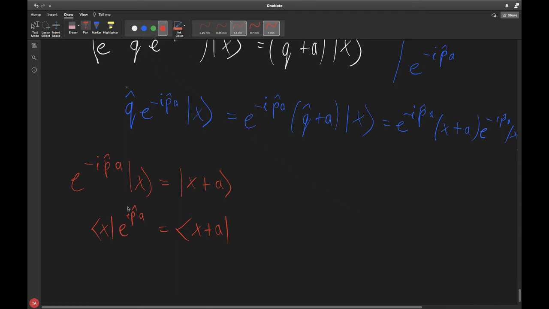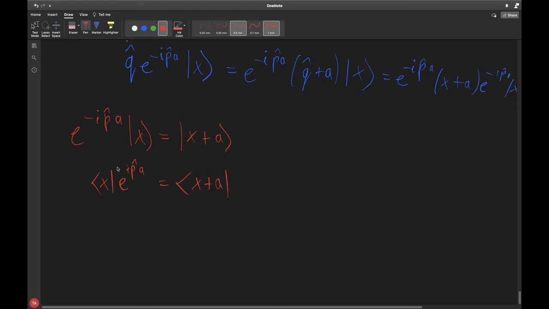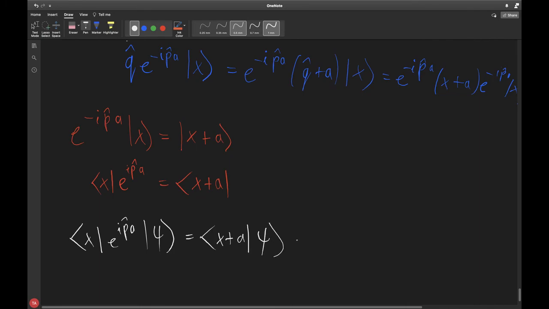So all this just means that we moved the state. If we apply this to the wave function, we get that x e to the i P a acting on the psi state gives us the x plus a state multiplied with the psi state, which leads to the wave function at the x plus a position.